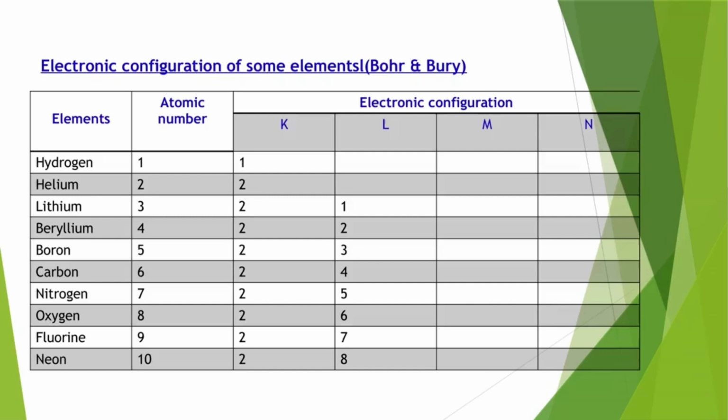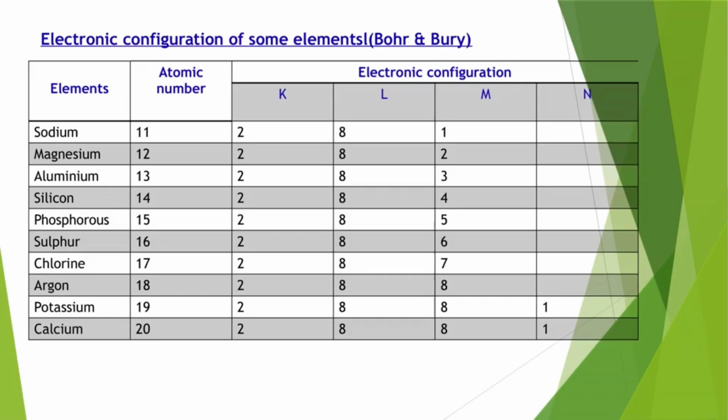Now, what will happen with the next element, sodium, having atomic number 11, that is 2 8 1. The L shell is already completed, so that one extra electron has entered the M shell. Similarly, magnesium, atomic number 12, has electronic configuration 2 8 2, one extra electron added to the M shell.